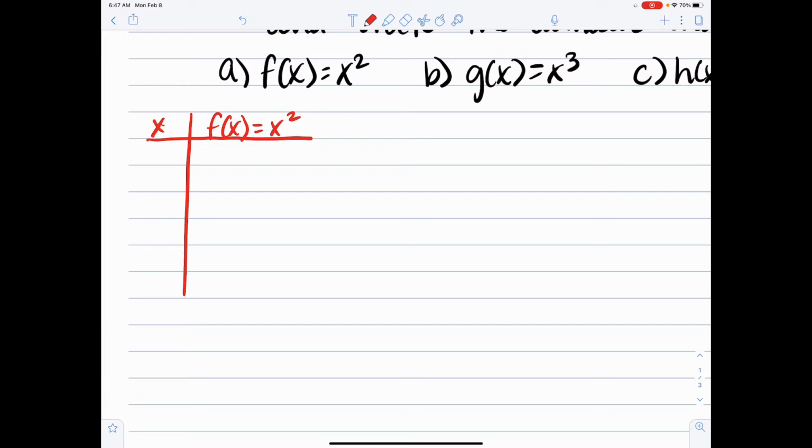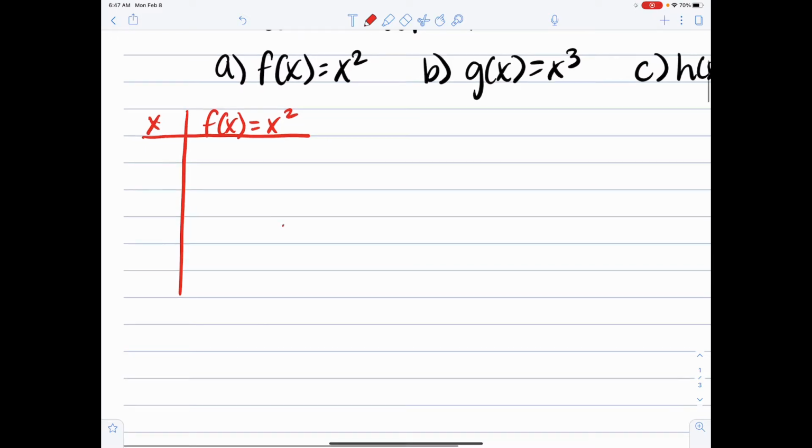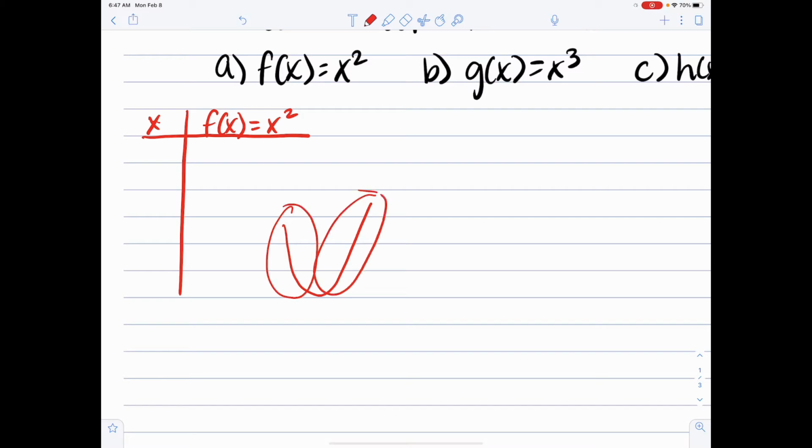And since this one is x squared, the importance is on the negative and the positive values, both of them, so we need to pick some negative and some positive values to use. If you remember an x squared graph, it should look something like this, but we need to show some negative values over here and some positive values over here. So we need to do both.